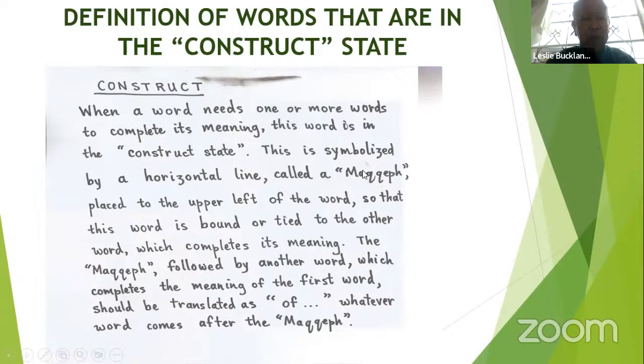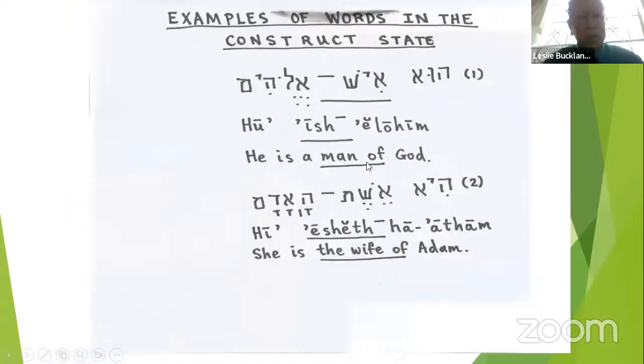And you will recognize the construct state of that noun when you see that line drawn to the left side of the word and another word coming after that line, which tells you more about that noun. Once you see that, you know that the word is in the construct state. Let us look at examples of this.